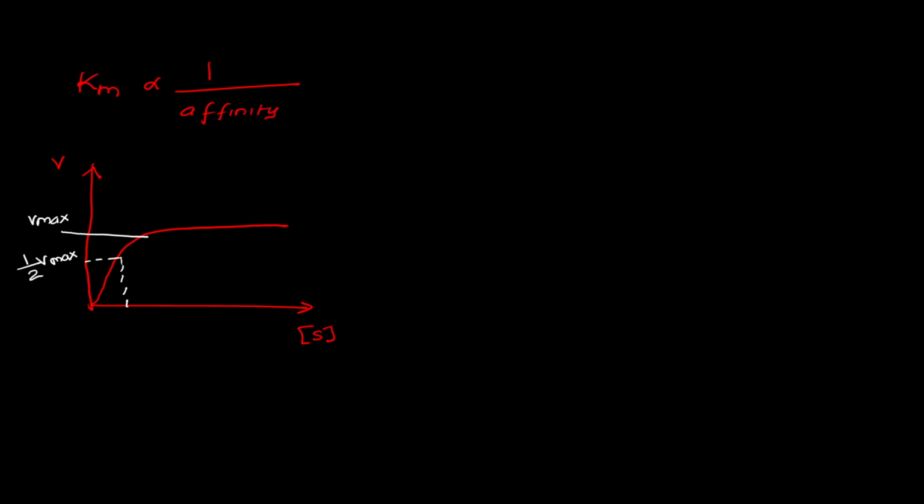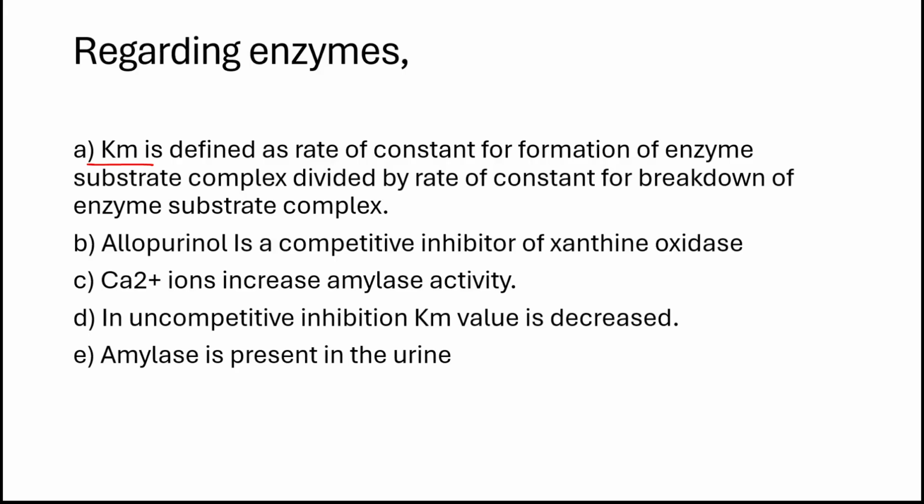Now, what they say in this statement is that Km is defined as the rate constant for the formation of enzyme substrate complex divided by... So formation means, let's assume that this is the substrate, which will react to form the product.